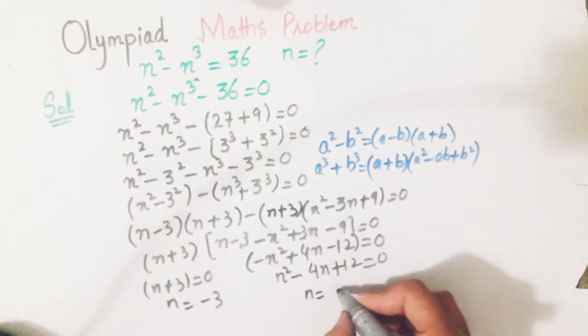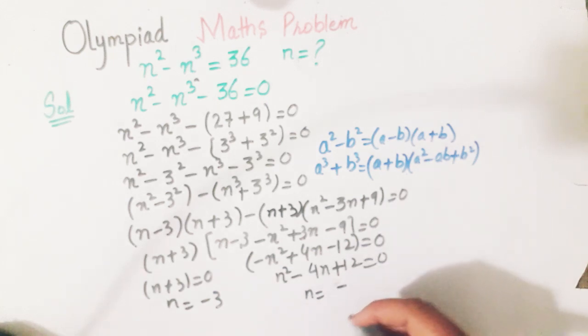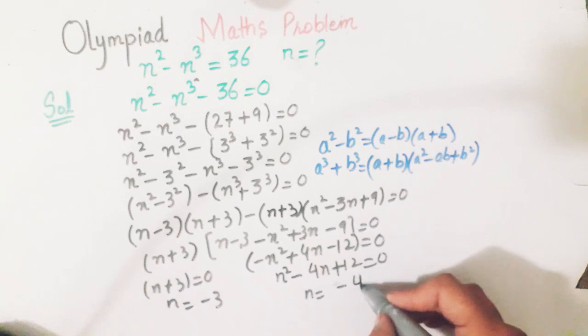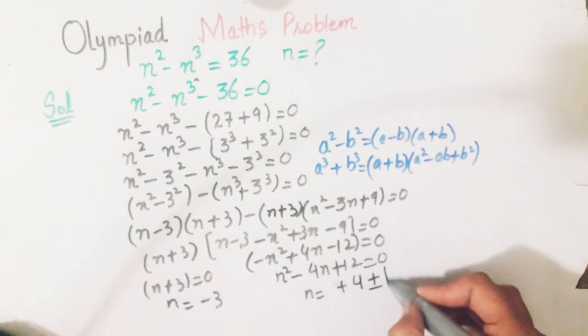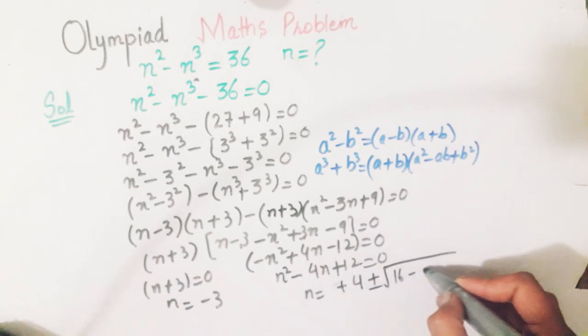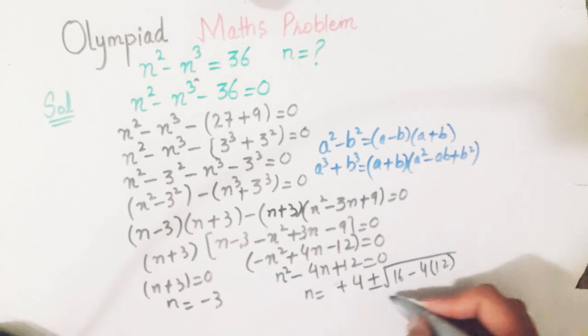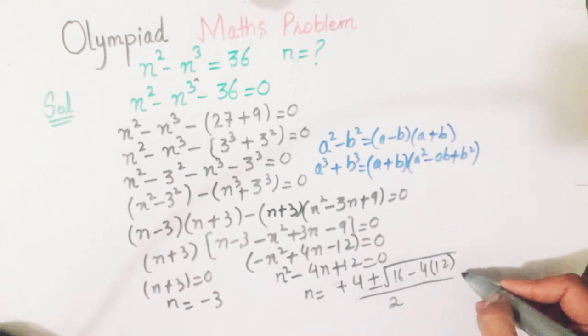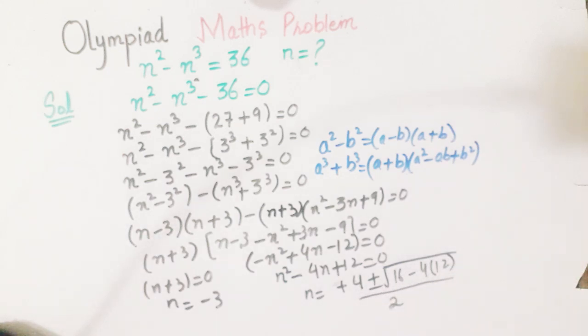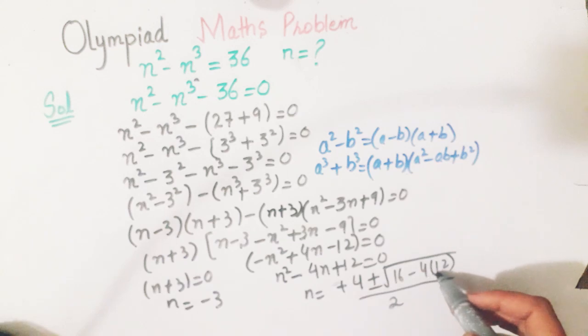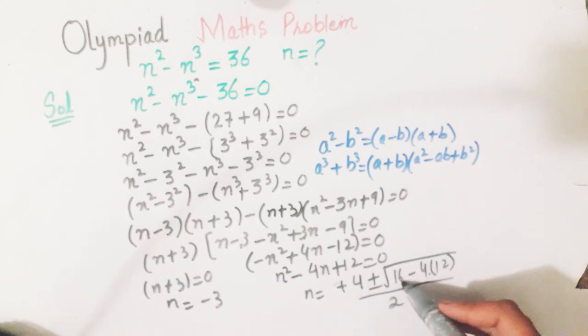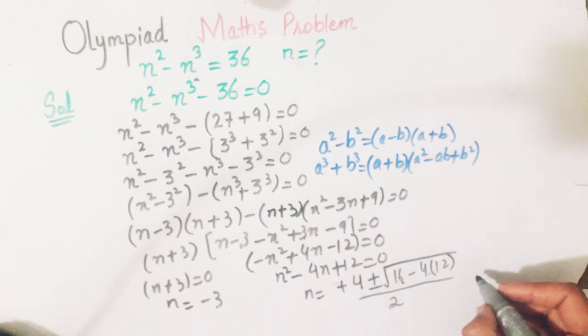So n equals minus b plus minus root of b square, 16, minus 4 into a into 12, divided by 2. So this will become 16, 12 into 4 is 48, 48 minus 16 is minus 32.